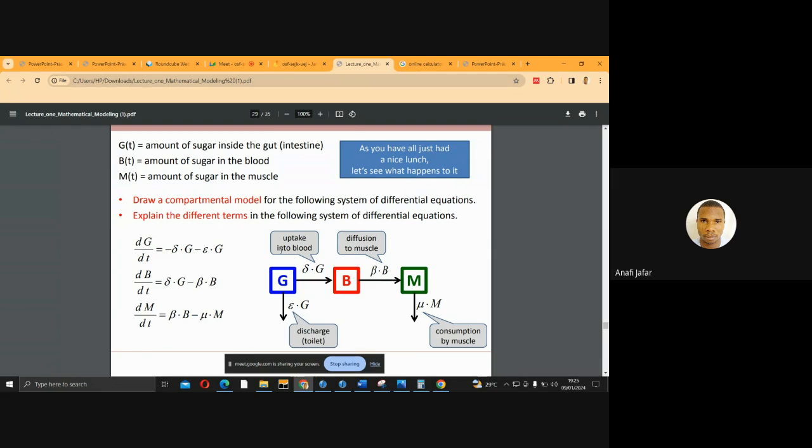The process continues so that it diffuses from the blood to the muscle at a rate of beta, and then the muscle consumes the food.